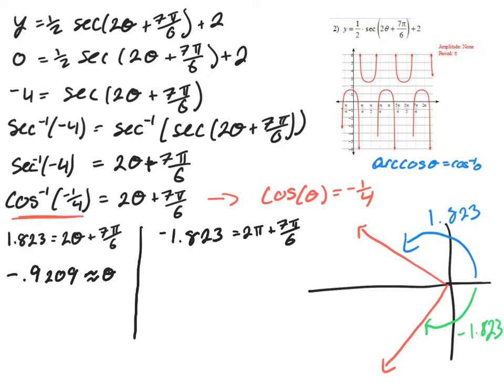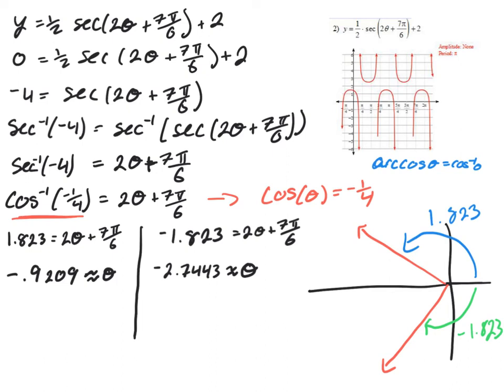I'm going to do the same to the second one. So subtract 7 pi over 6, divide by 2, and we're going to get -2.7443 is about theta, and I wrote pi for some reason, so let's fix that.